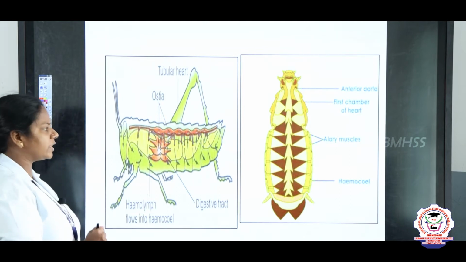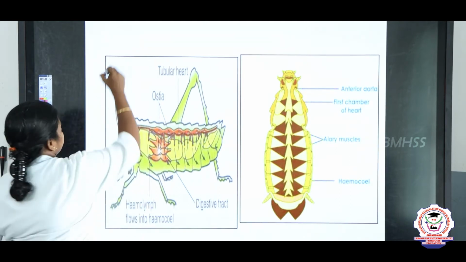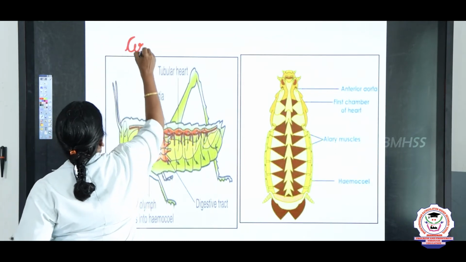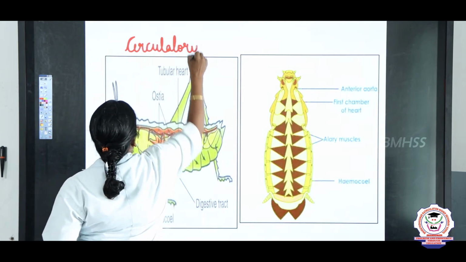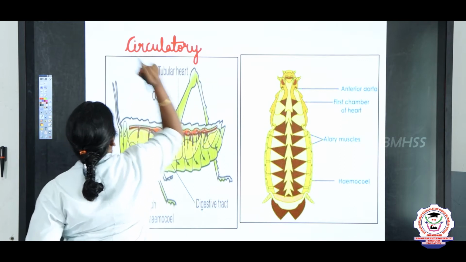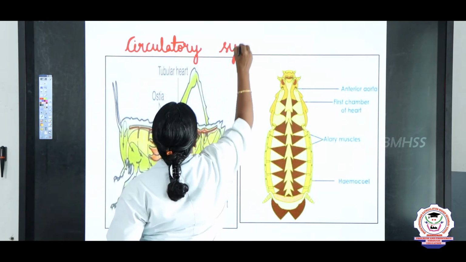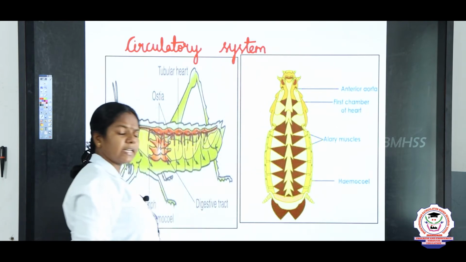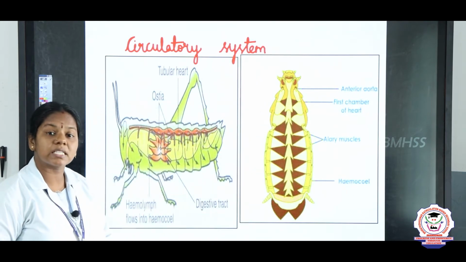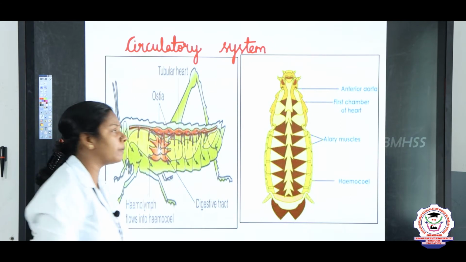And now we are going to discuss about the circulatory system. Circulatory system is the flow of blood, right? And here in arthropods, the circulatory system is said to be open. What do you mean by open, children?